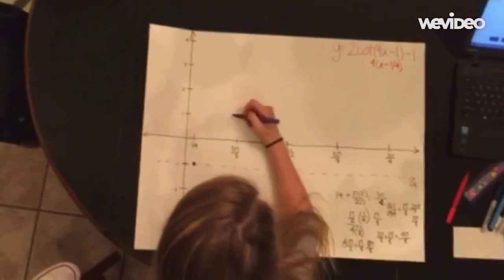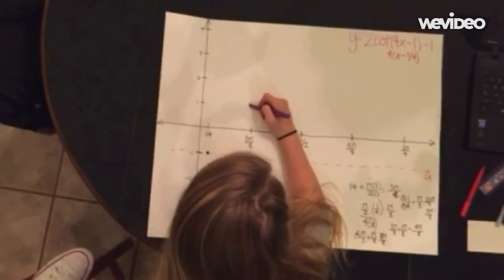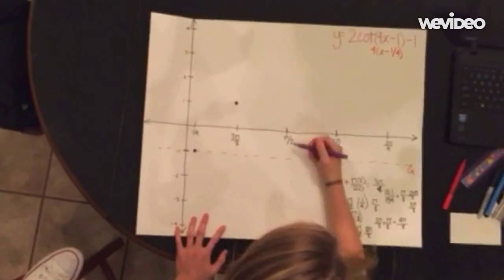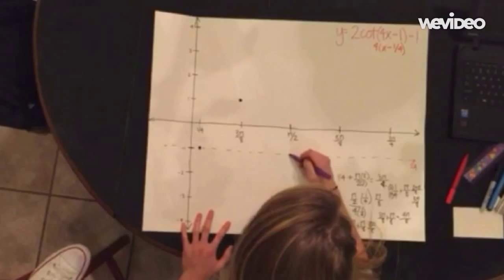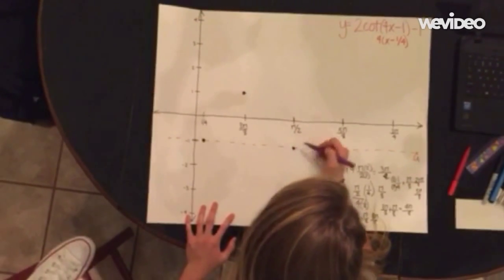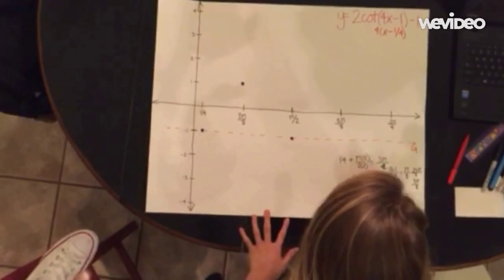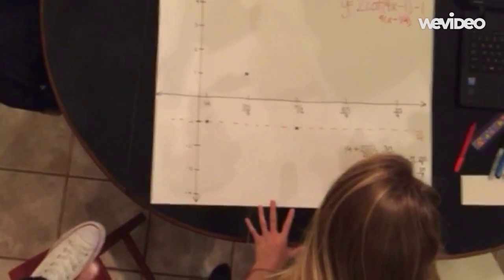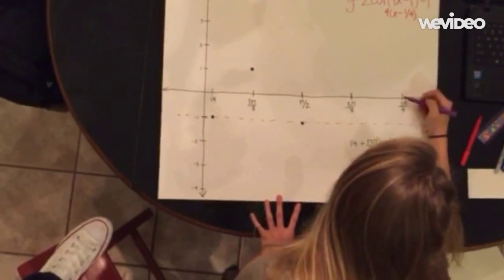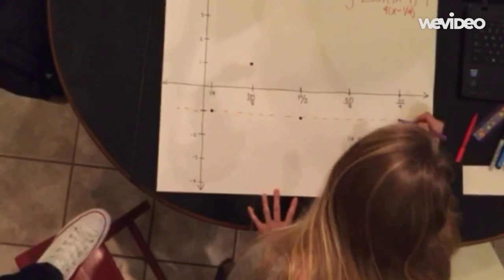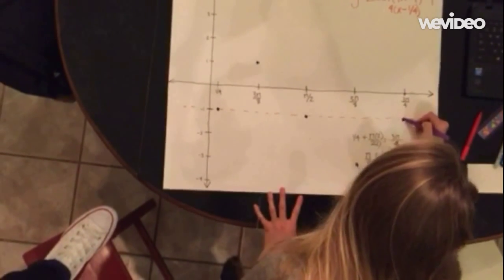So your next point is going to be here. And this is if you were to graph your sine graph first. And then it comes back down to pi over 2, -1. And then you go down 2, so to -3, so it's 5 pi over 8, -3. And then back up to 3 pi over 4, your sinusoidal axis.